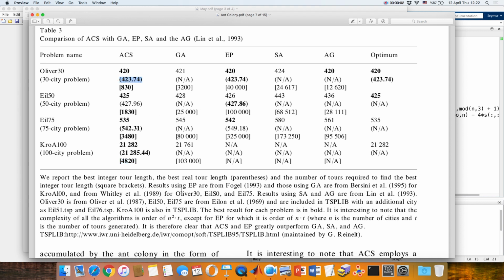But I don't know what they mean by tour length. There is this integer tour length. What does that mean? That I didn't understand. So we need to read it properly.